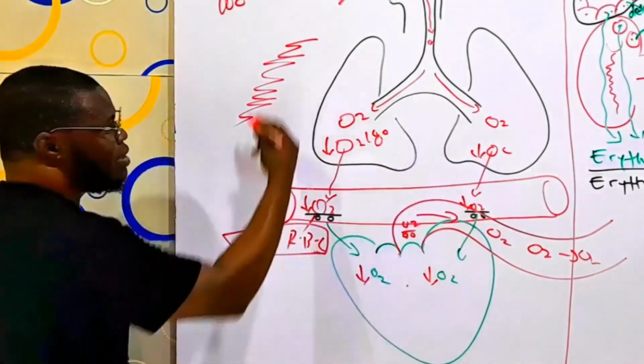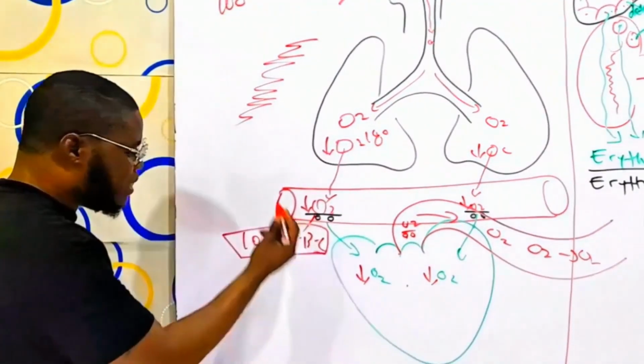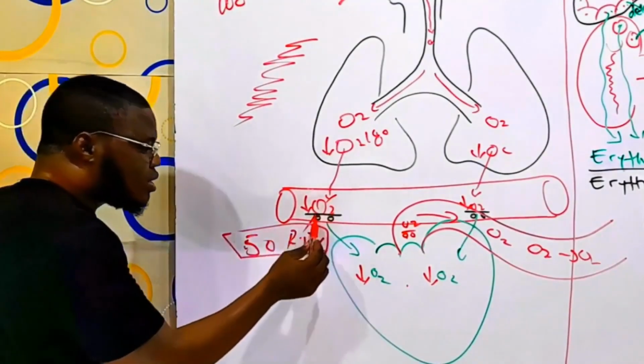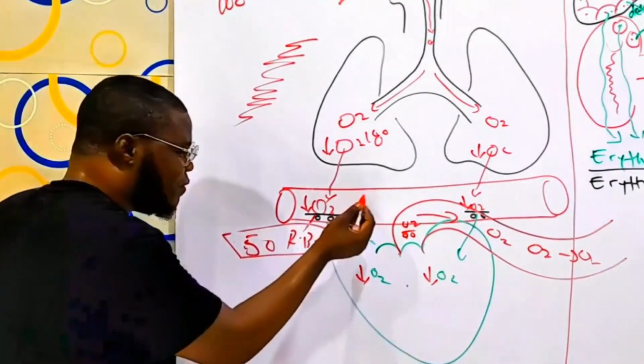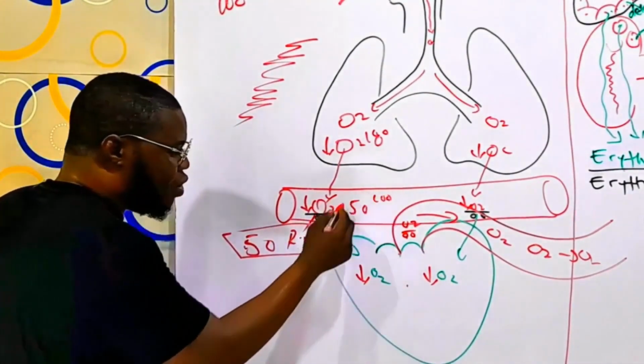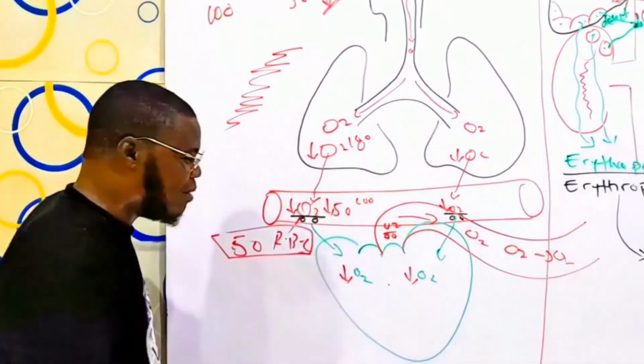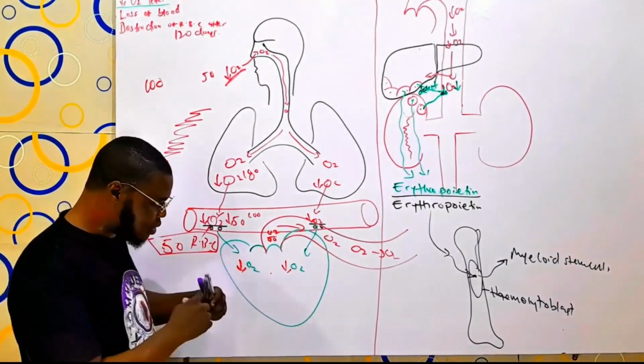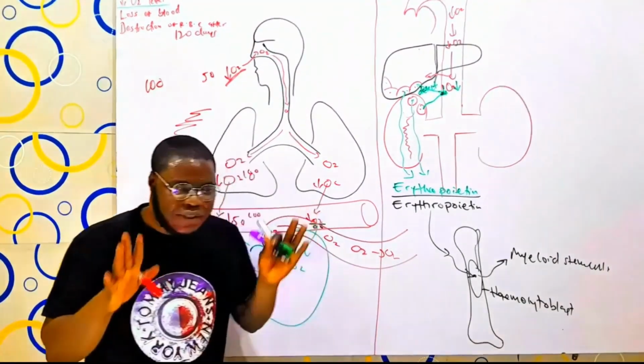Of oxygen that this person is breathing in, if this person loses blood, it's going to drop to like 50, which means the oxygen carrying capacity is going to be 50 now instead of 100. And if the oxygen carrying capacity is low, the amount of oxygen getting to the heart is going to be low as well.